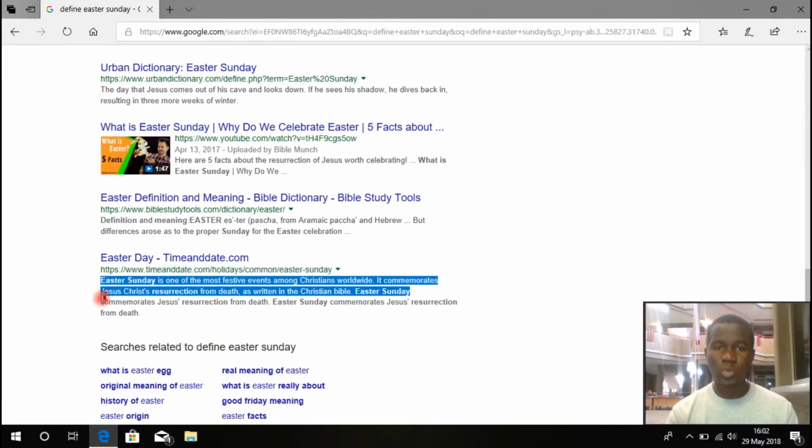It commemorates Jesus Christ's resurrection from death, and it is written in the Christian Bible. The Easter Sunday commemorates Jesus' resurrection from death, and so forth and so forth. That's quite repetitive. But we get the definitions of Easter Sunday and Good Friday.